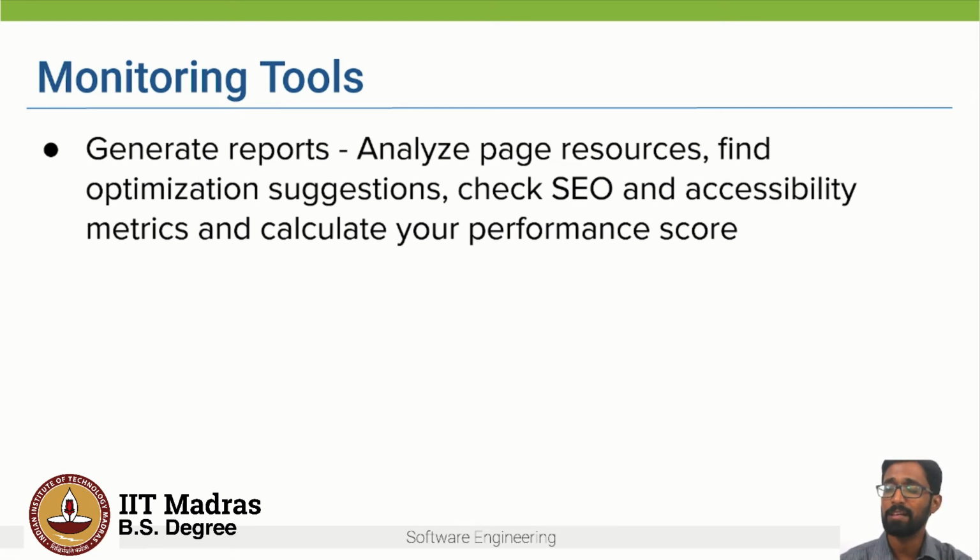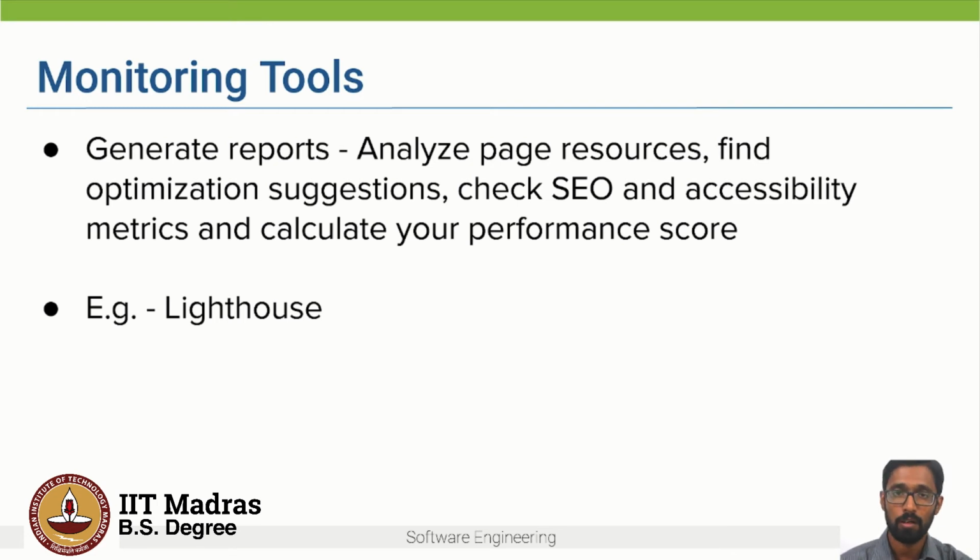They check different metrics like your SEO and accessibility metrics, and they calculate the performance score of your website, right? For example, Lighthouse is a service provided by Google, right?